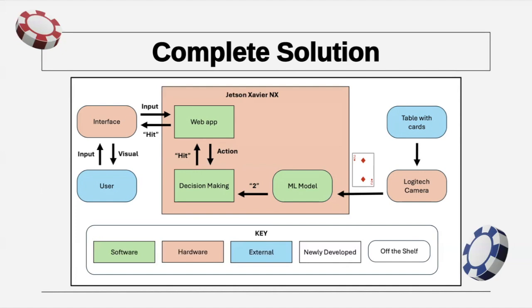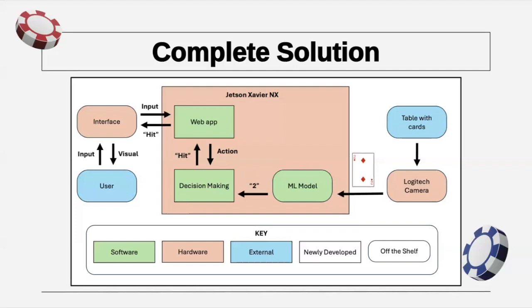The user also has input into this. Let's say the user wants to bet 10, then they can send that to the web app, and then the web app can send that to the decision-making algorithm. And then this algorithm, depending on the betting strategy that the user decides to choose, can say, okay, if you bet 10 earlier, and let's say you're doing the martingale format where you double your bet every time you lose, then now you should bet 20.